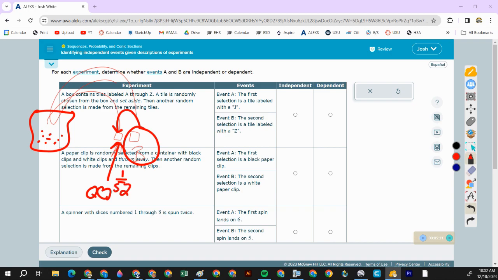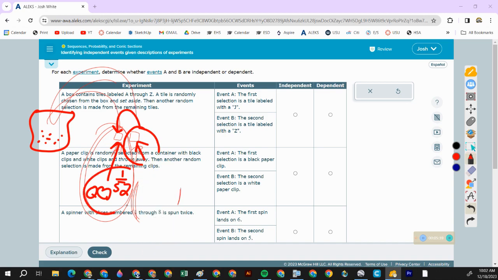Okay? Well, what is the probability that this is the Queen of Clubs? 1 out of 51. So, did this card affect the probability of this card? Yes, it did. So those are dependent. The second card depends on the first card.